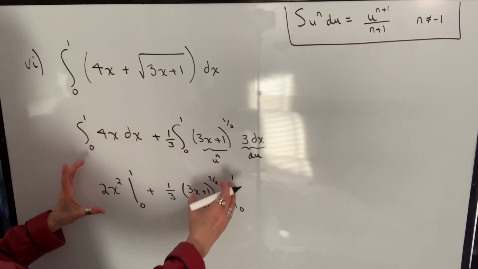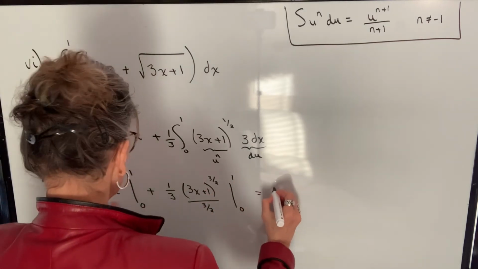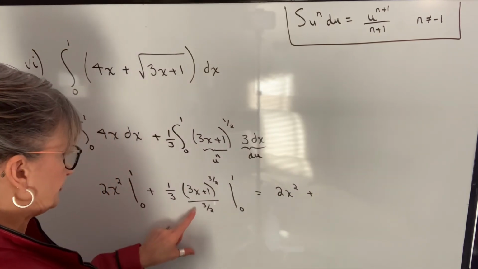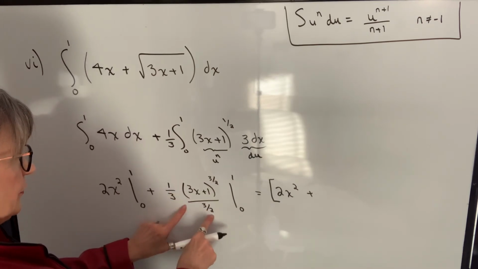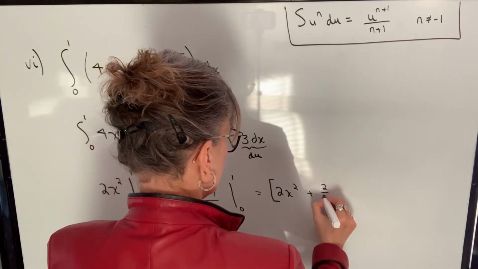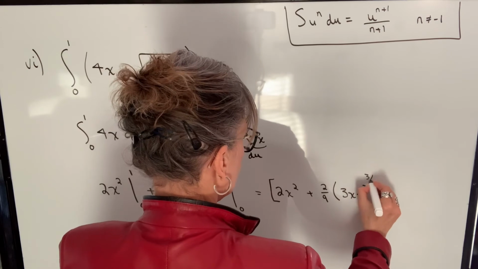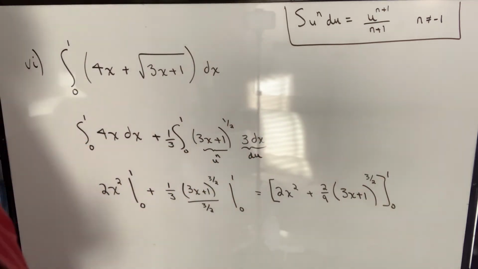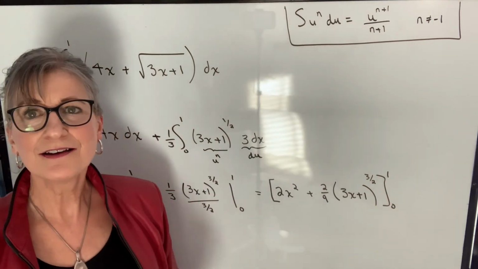Because both of these are going to be evaluated at 1 and at 0, I can combine them and say that it's going to be 2x squared plus, when I simplify this, 1/3 divided by 3/2 will be 1/3 times 2/3, which would be 2/9. 3x plus 1 to the 3/2. And then I can just put my notation when I'm using my square bracket for my lower limit and my upper limit like that. Now let's evaluate.